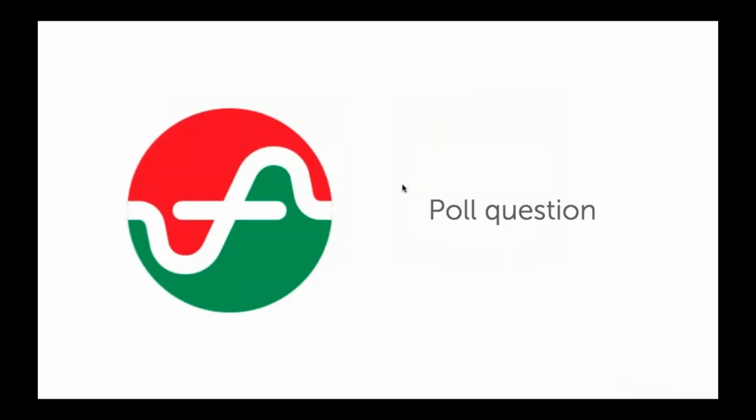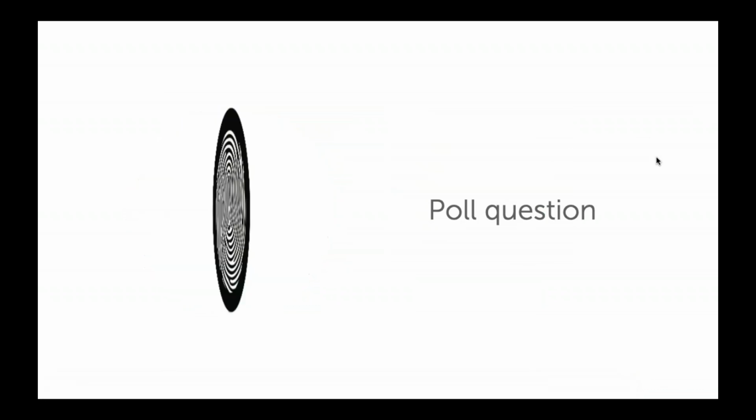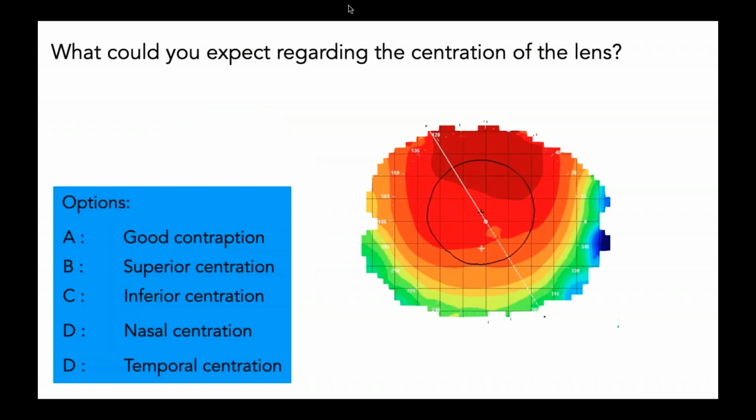The fun thing is, if we have a poll question that refers to this, let's do the question. If you have this eye, it shows up in your practice, and you will fit a GP lens, a rigid lens on this. What will happen with the centration of the lens? That's the question.